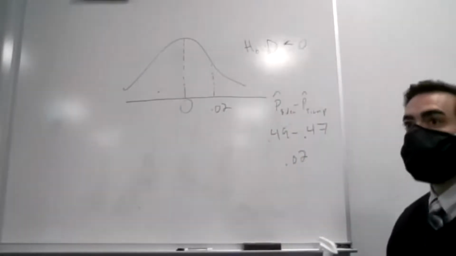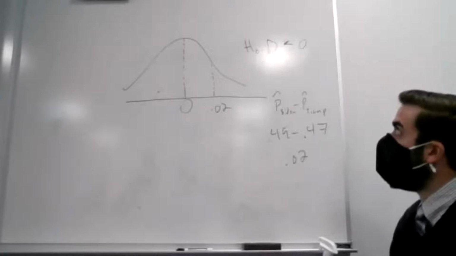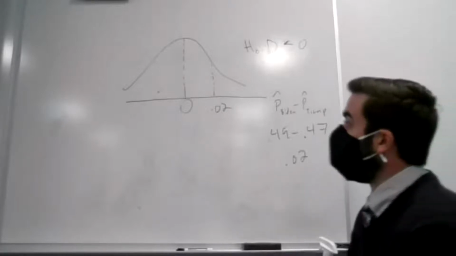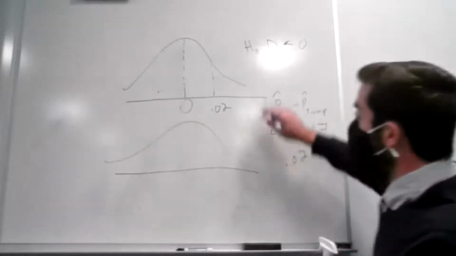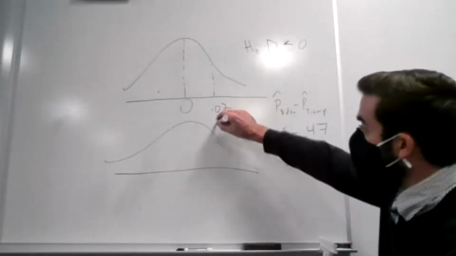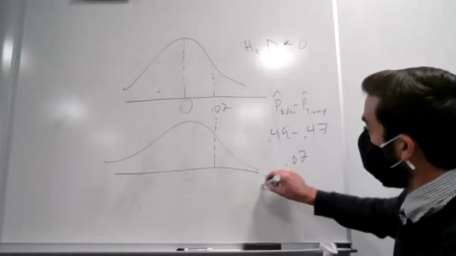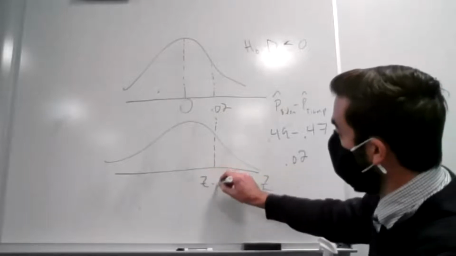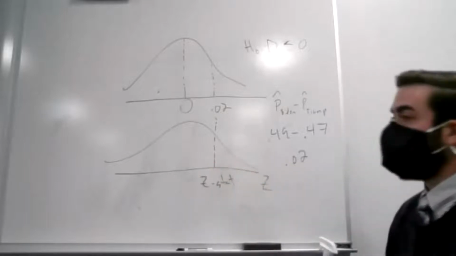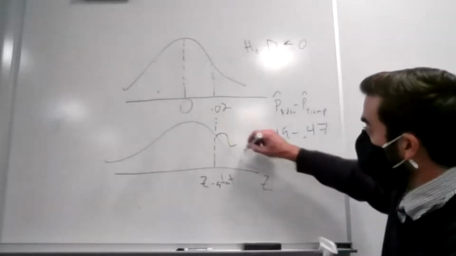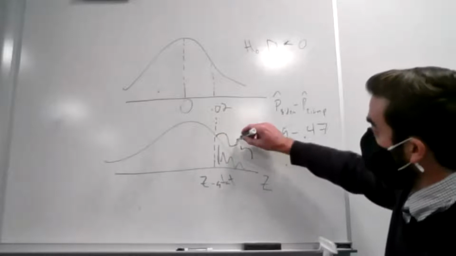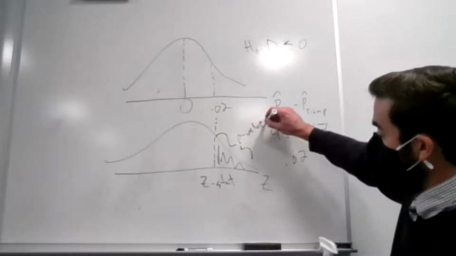Less than or equal to 0. Okay. So what do we need to do? Well, we have a normal distribution. We want to turn that into a standard normal distribution so that we can get our z statistic or our test statistic. Once we have that, if we want to use the p-value approach, we want to find the area to the right of that.